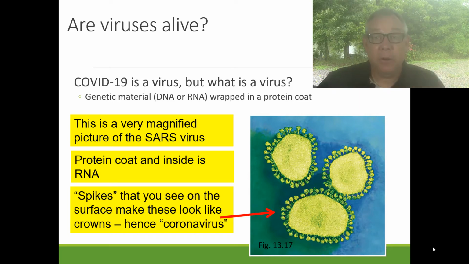And so if you get a bacterial infection, bacteria are living things, and that can make you sick, right? You can get a fungal infection. Fungi are living things. They can make you sick. You can get a parasitic protozoan infection, like malaria, which is an organism that lives in your red blood cells.